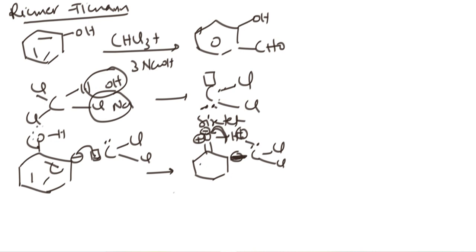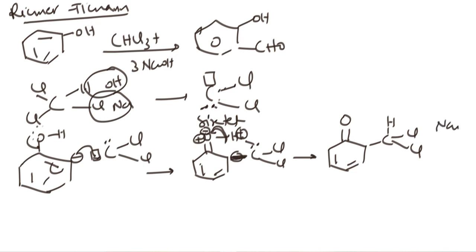Then what is the product? Like this, here double bond O, here CHCl2. Okay, so this is the part, and this is then treated with NaOH. It is an SN2 reaction. Already three bases you added, one base is consumed, remaining two bases you are adding.